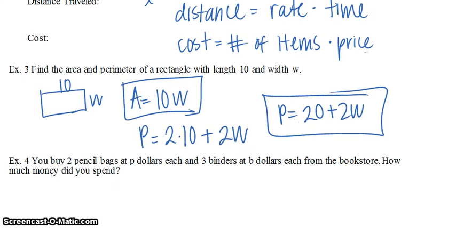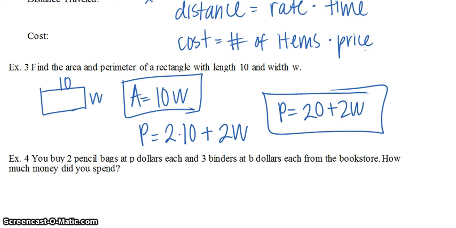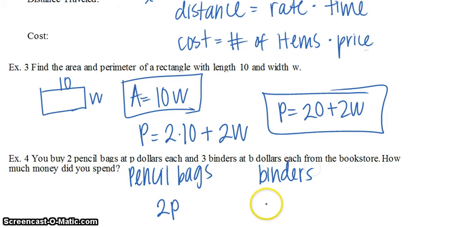And last one. You buy 2 pencil bags at P dollars each and 3 binders at B dollars each from the bookstore. How much money did you spend? Well, we know cost is the number of items times the price. How many pencil bags did we buy? We bought 2, and we have to multiply it by the price, which in this case is just P. And we have binders, where the number is 3.